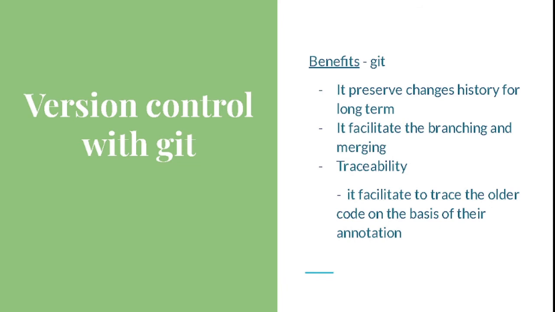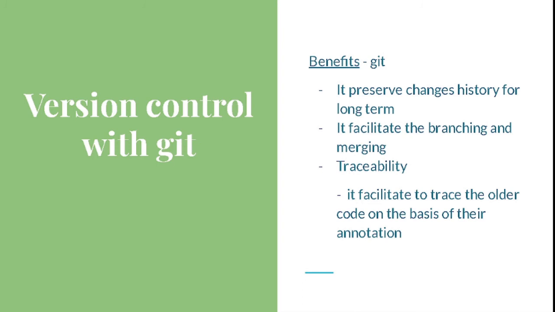The benefit of Git is it preserves change history for the long term. Suppose we are sitting in 2022 and someone changed the application 5 or 10 years before. Now in 2022, we can see what changes were done 10 years before, who had done these changes, and for what purpose they were changed. This is the history of the changes.